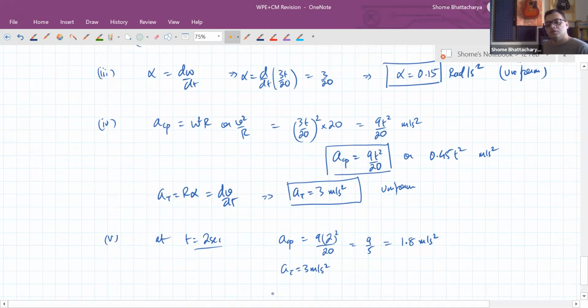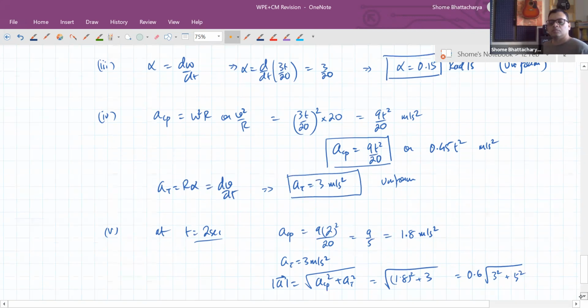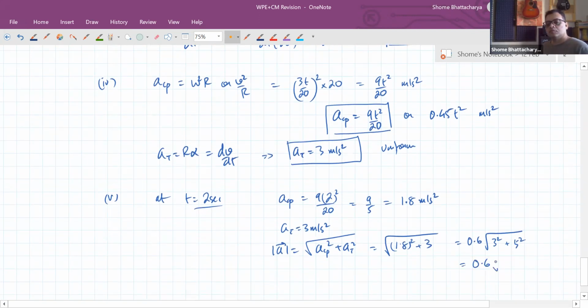So therefore, the magnitude of the net acceleration is just the vector sum's magnitude. So this is the magnitude of the net acceleration.